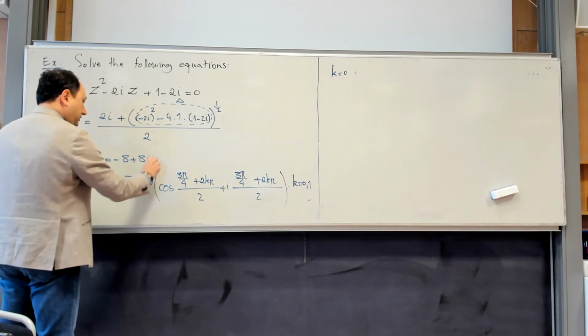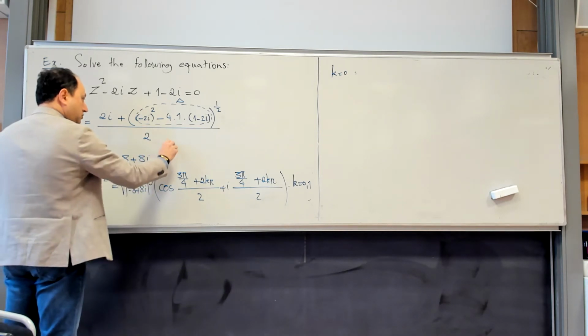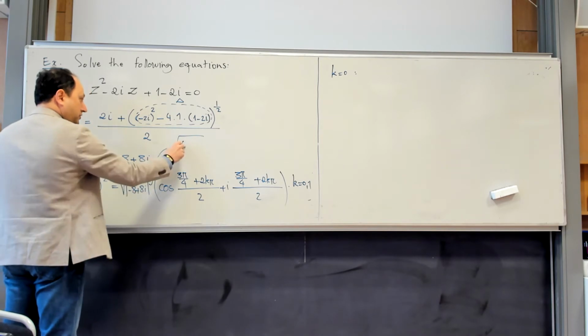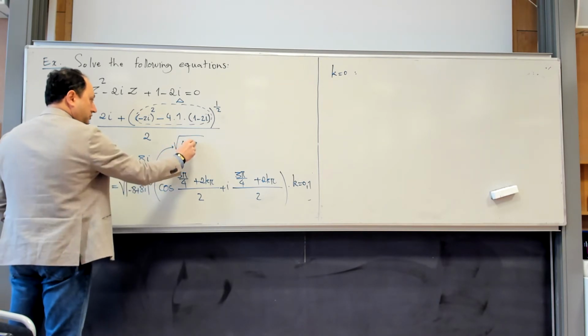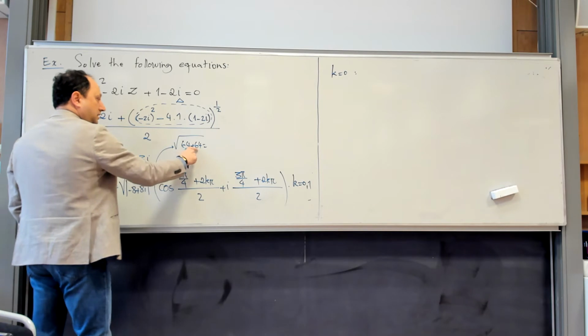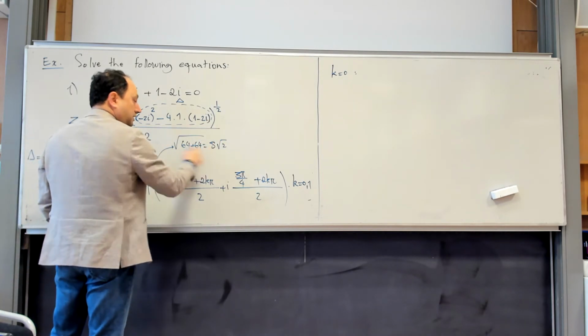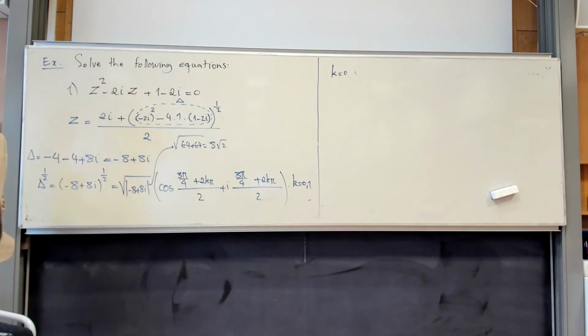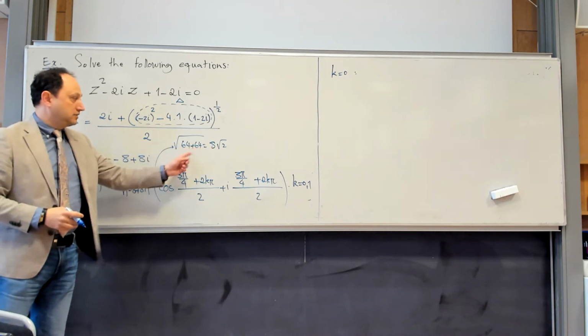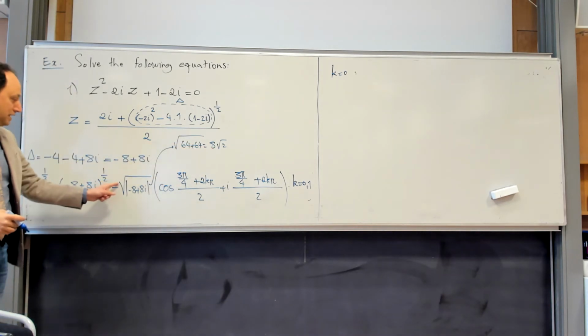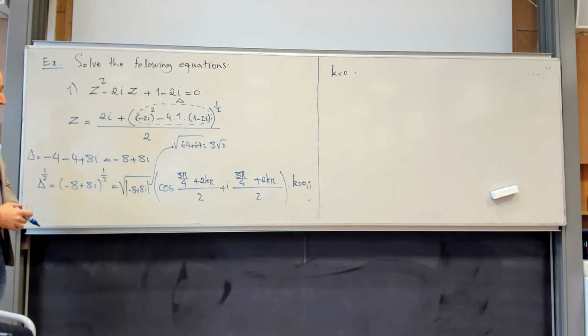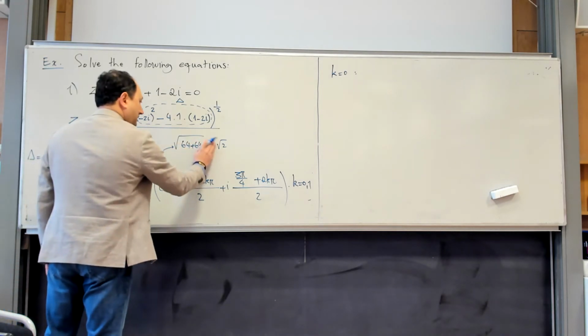So the absolute value is the square root of this one to the power 2 plus this one to the power 2, so it is 8 square root of 2, yes? Because 2 times 64, and 64 is 8 squared. So that is this one, but I need to take the square root. That was not a good idea, probably. Yeah, so let me just keep it like that.